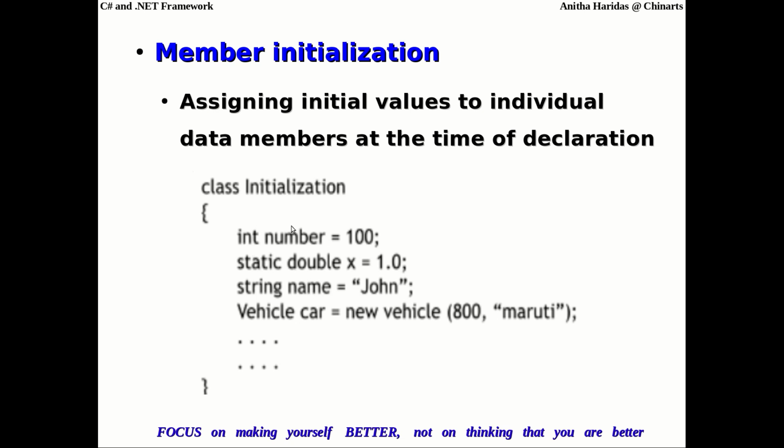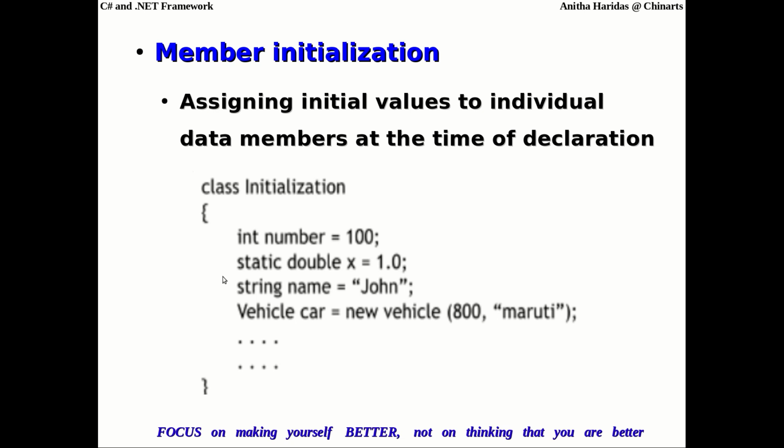Here this is an instance variable. This is a static variable. Again, string name is an instance variable. Vehicle is also an instance variable, but it is an object type.